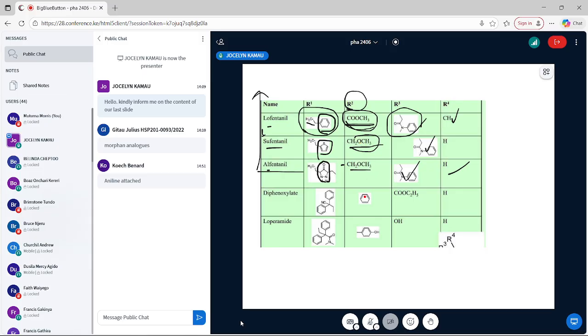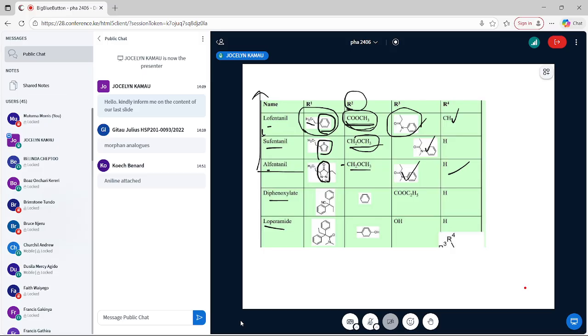Now from there, we move on to some other compounds, which we call loperamide and diphenoxylate. When you look at these compounds, they still have a similar structure to the other 4 phenylpiperidines.